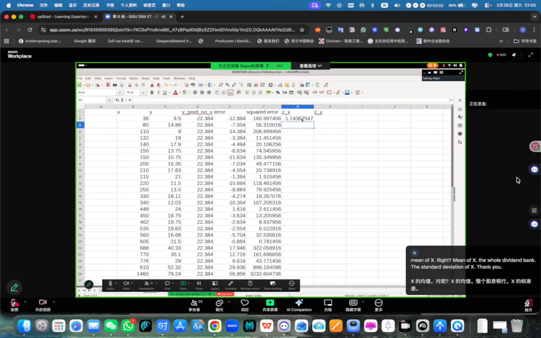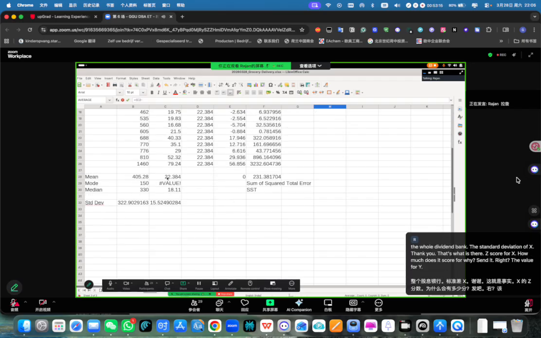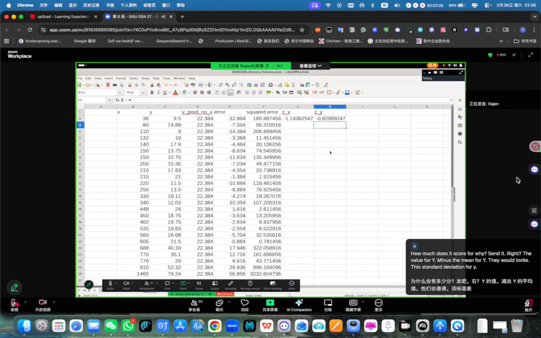That's the z-score for x. How about the z-score for y? Same thing, right? The value for y minus the mean for y, divided by the standard deviation for y, right? So you see, both are negative.